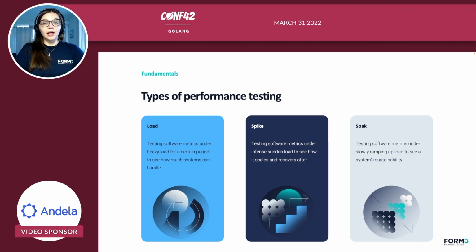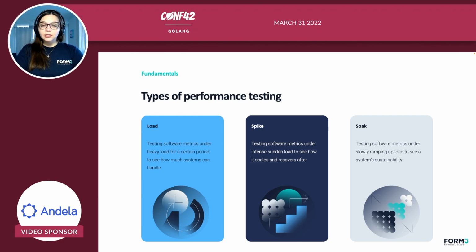Now, on the other hand, a stress test is a type of performance test that checks the upper limits of your system by testing it under extreme loads. Stress tests also look for memory leaks, slowdowns, security issues, and even data corruption. There are two types of stress tests: spike and soak.